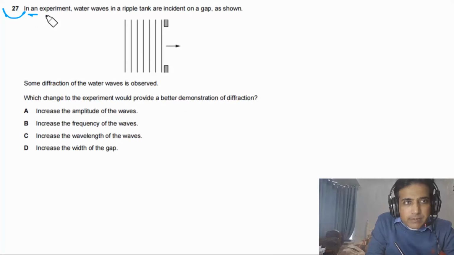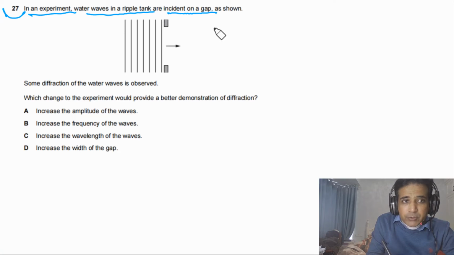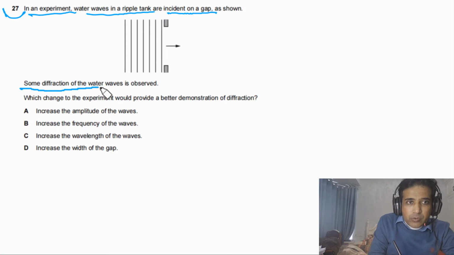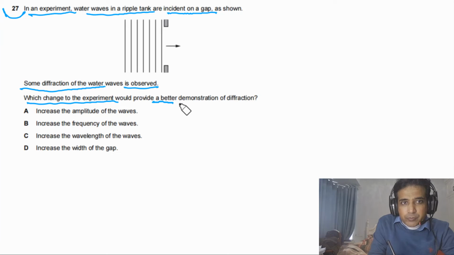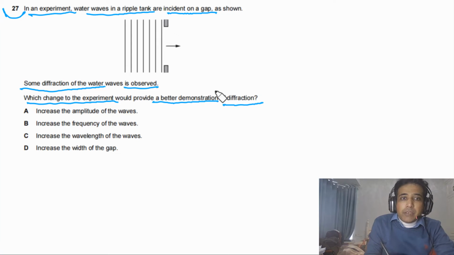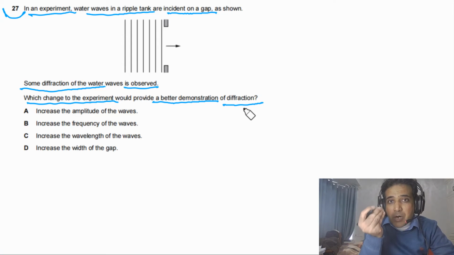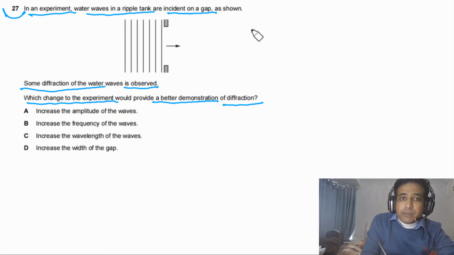Question 27 says, in an experiment, water waves in a ripple tank are incident on a gap as shown in the figure. Some diffraction of the water waves is observed. Which change to the experiment would provide a better demonstration of diffraction? Means how we can increase the amount of diffraction. For this one we need to understand there is a significant diffraction.